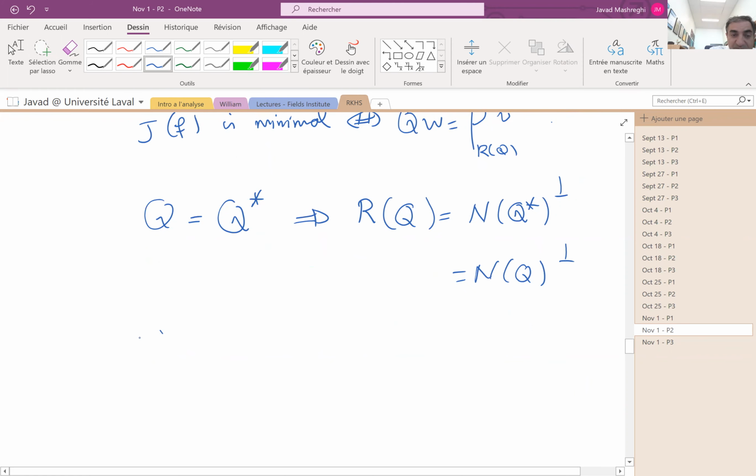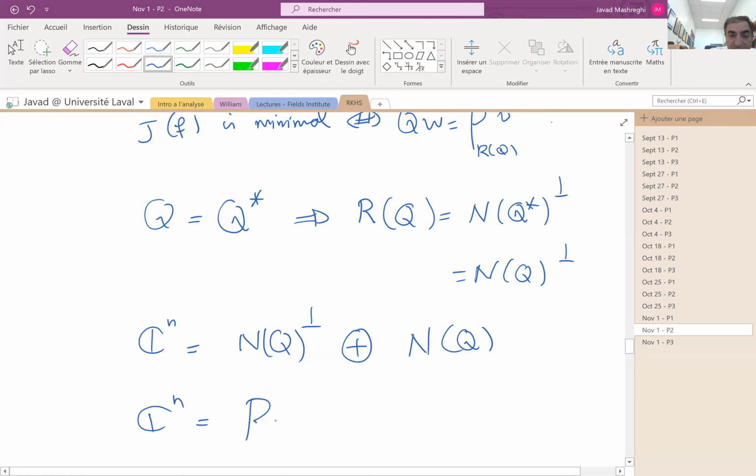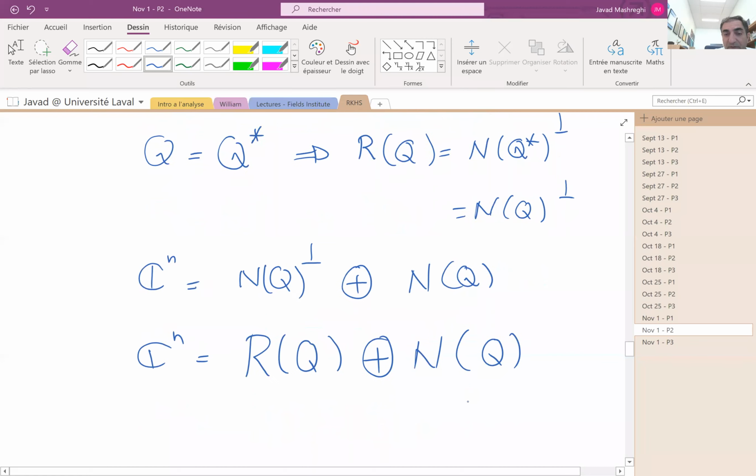And so our space Cn can be written as the orthogonal sum of N of Q perp and N of Q. And instead of N of Q perp, we can write R of Q. So Cn is equal to R of Q plus N of Q, and this is an orthogonal summation.